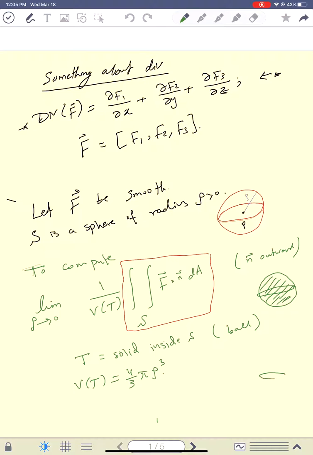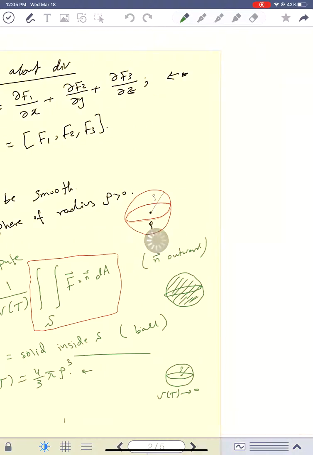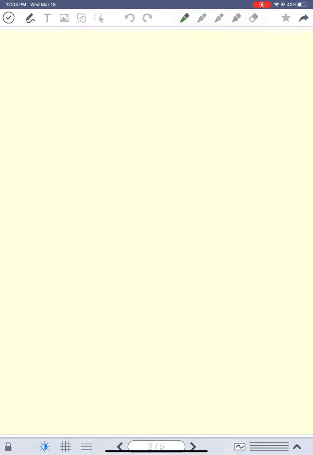Imagine you have a sphere of radius rho, and rho is very, very small. That means the volume of T goes to 0, because this is the volume formula. So basically you are taking the limit as the volume goes to 0. So we will see how this limit is related to this quantity, okay? So the surface integral, again, is the flux over the sphere, divided by the volume, take the limit, something is going to happen.